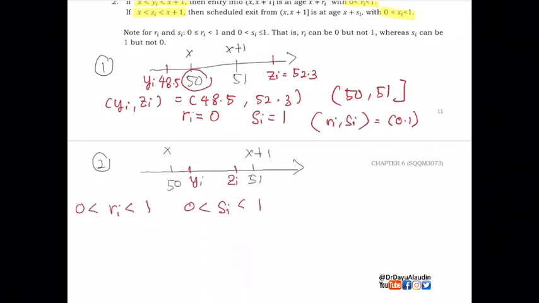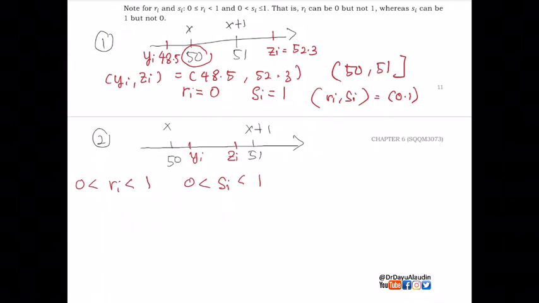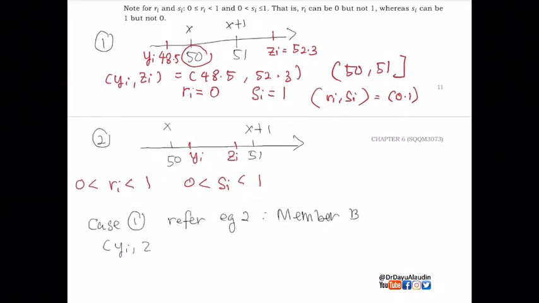Okay, let me give you an example for case 1. We refer to example 2 for member B. So member B, yi and zi are 48.5 and 53.